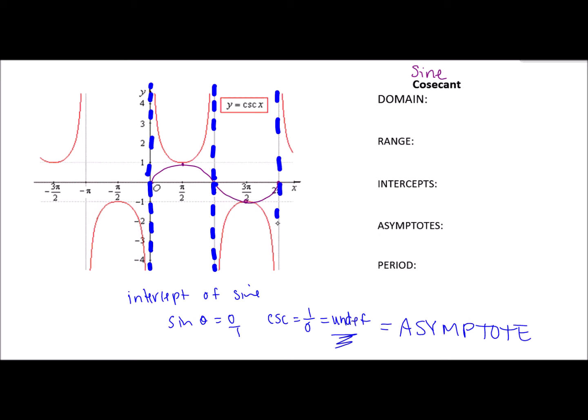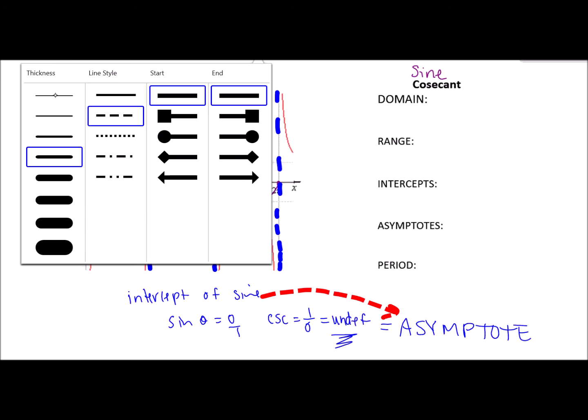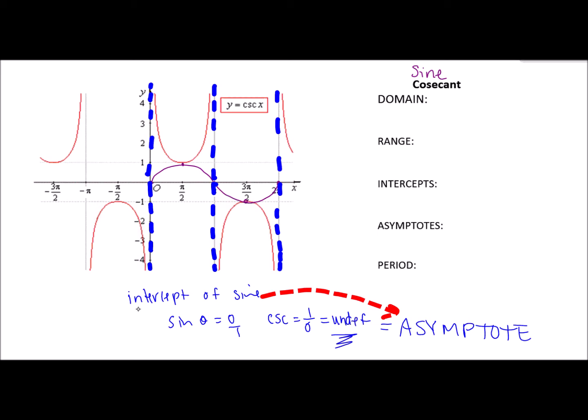Another intercept for sine means another asymptote for cosecant. So intercepts of sine equal asymptotes of cosecant. So any intercept becomes an asymptote.